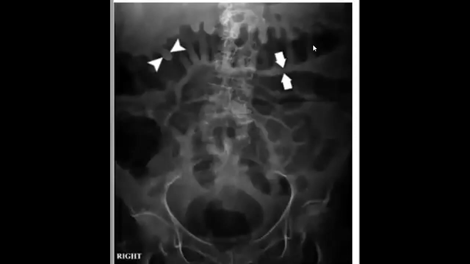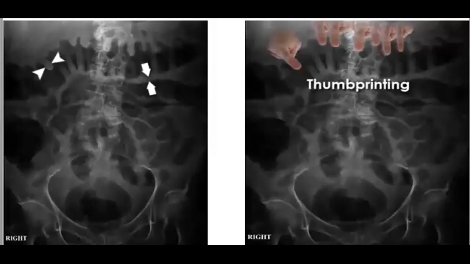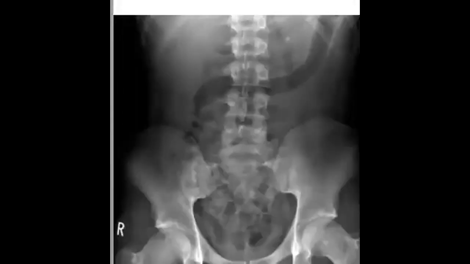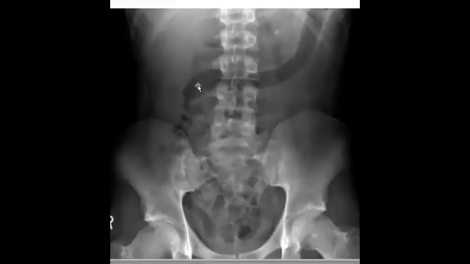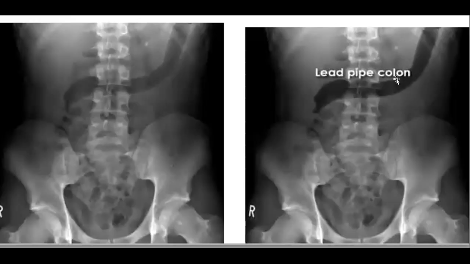One of the important signs is thumbprinting, and you can think about ulcerative colitis or any type of colitis. If you also find this sign, yes, Dr. Abab, lead pipe colon, loss of the normal haustra.